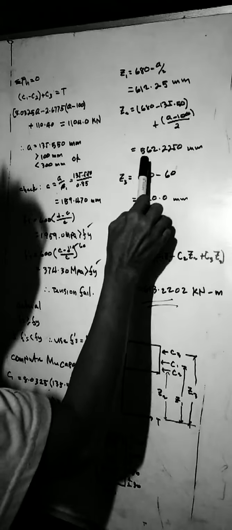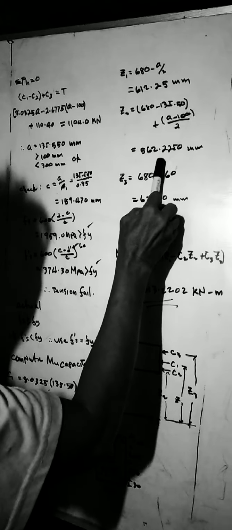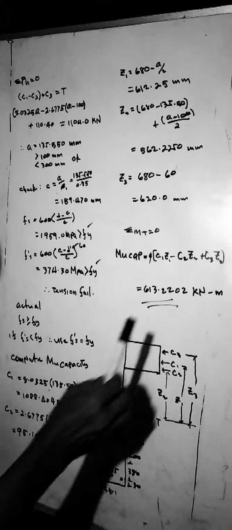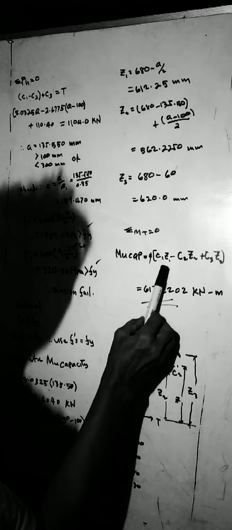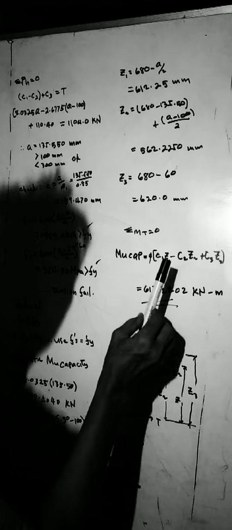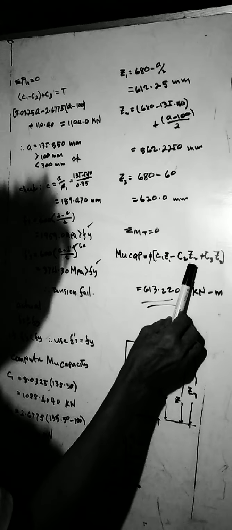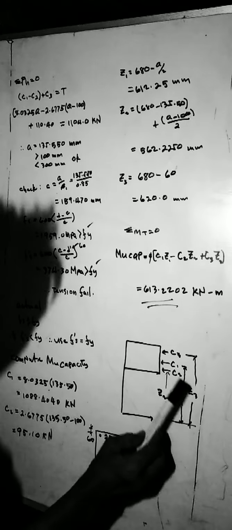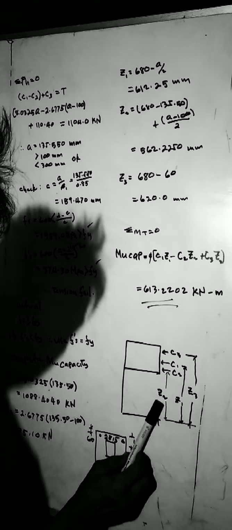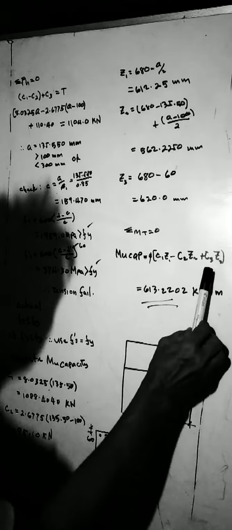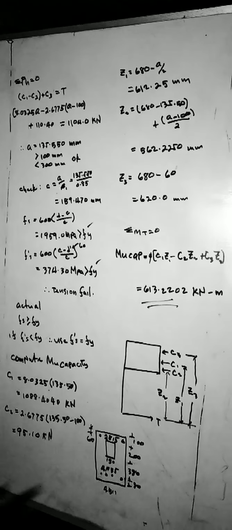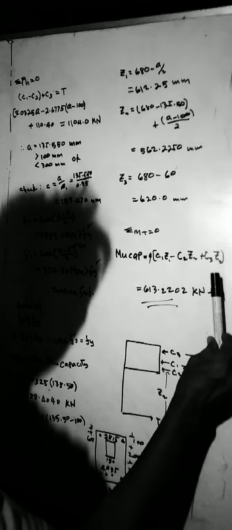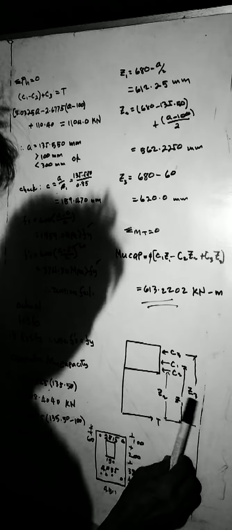Doing that, yes, C1 Z1 minus C2 Z2, C2 the distance, and plus C3. This C3 is the compression bar times the lever arm, this Z3.